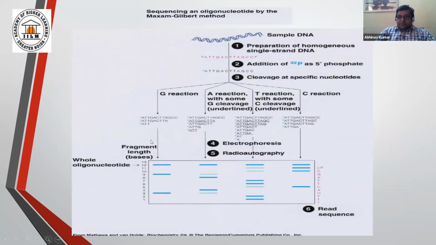So this is the banding pattern. Fine. One is the G reaction, and on the other hand, this is the C reaction. These two are referential points.